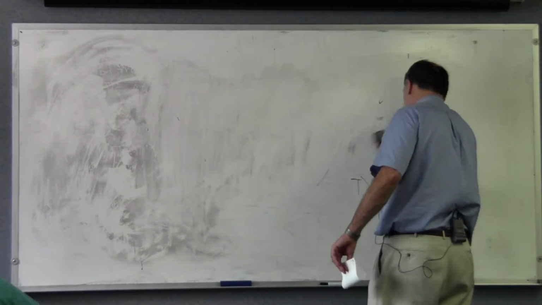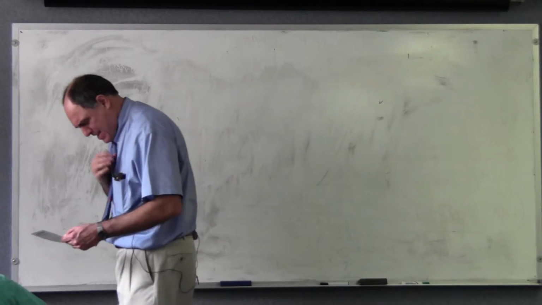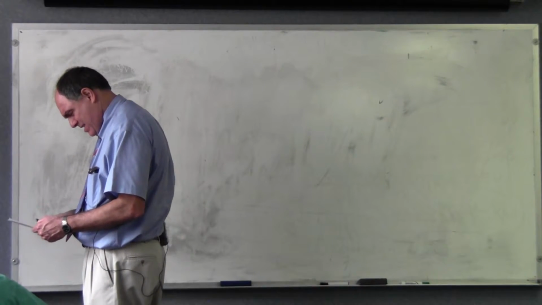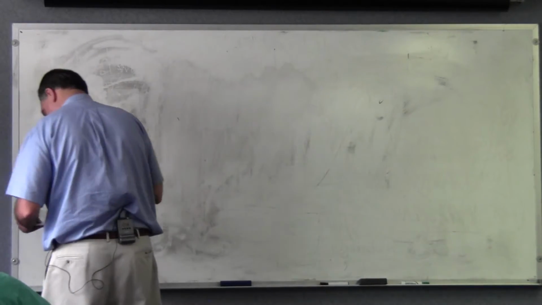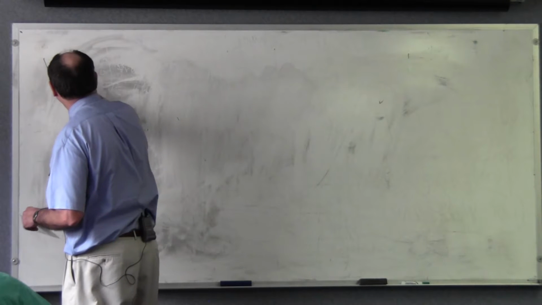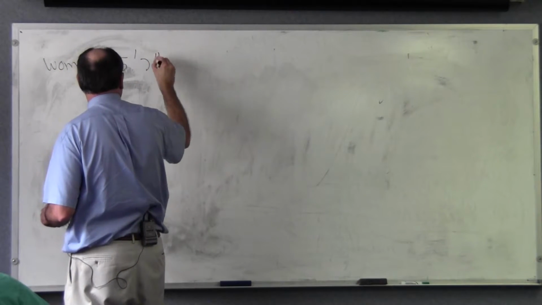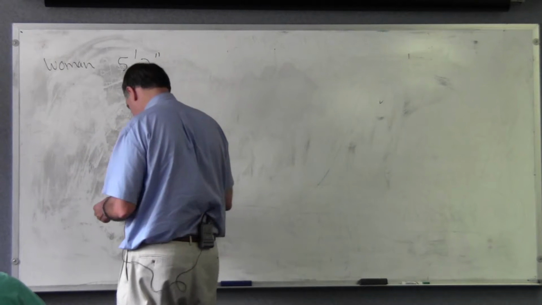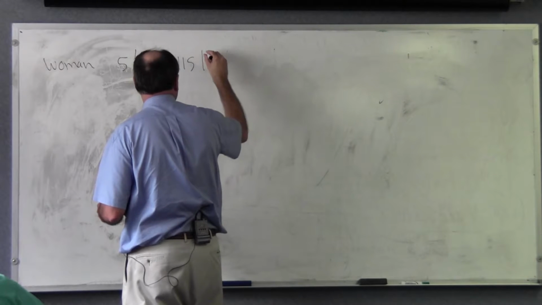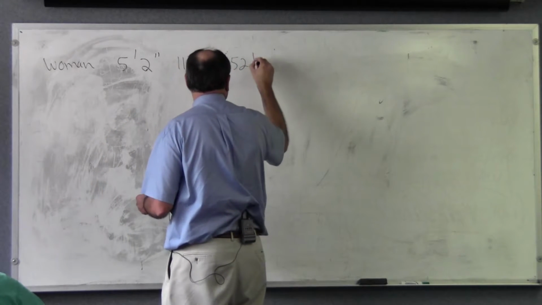I just tried to get these numbers so that they would coincide for us, so that's why I wrote them down. So you have a woman who is 5'2" and she's 115 pounds and 52 kilograms.